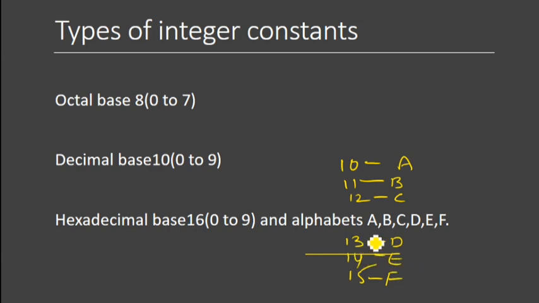So it consists of digits 0 to 9 as well as the alphabets A to F. This is about hexadecimal numbers.